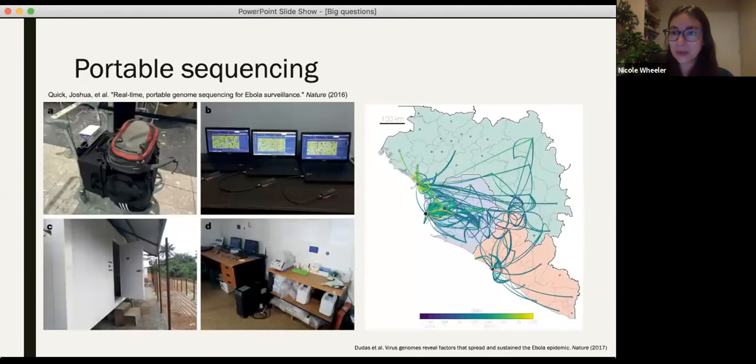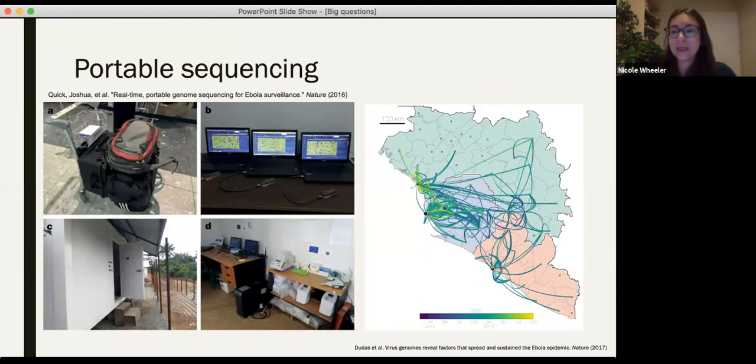We've had some really cool successes in recent years. One is around portable sequencing. There are several groups developing kind of lab in a suitcase models, where you can pack all the equipment that you would need to do genome sequencing, including, in the top right image of these photos, MinION sequencers plugged into laptops.